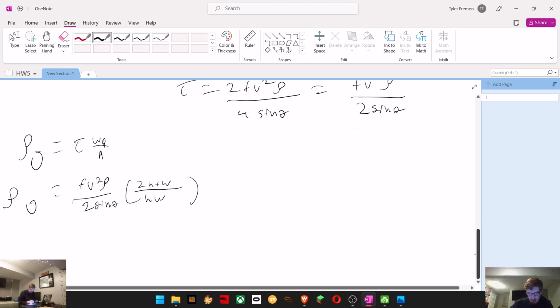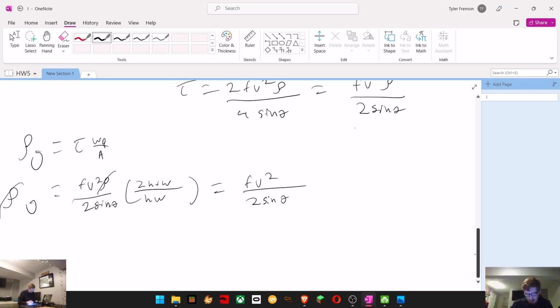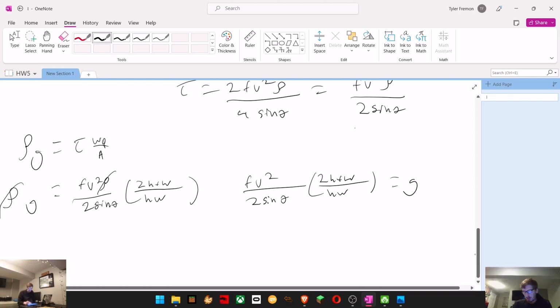Then these rhos cancel out, and that leaves us with f v squared over 2 sine theta times (2h plus w) over hw. It's going to be equal to our g. And then we can use this in Python to help solve this numerically.